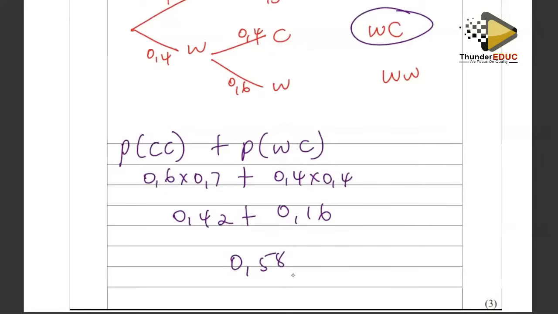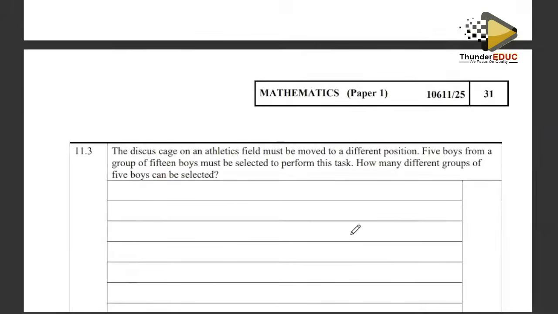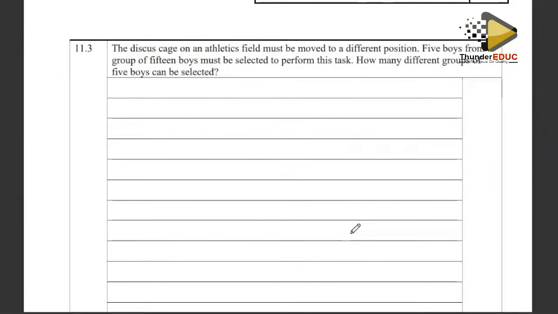Okay. Then 11.3, they're telling us that a discus cage on an athletics field must be moved to different positions. 5 boys must form a group from 15 boys to perform this task. How many different groups do we need? So we have 15 people to choose from.